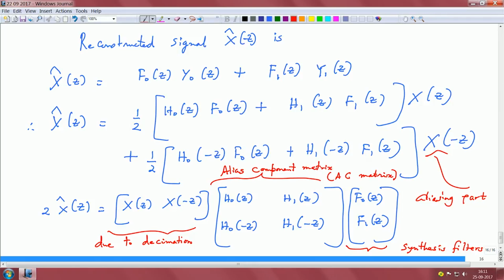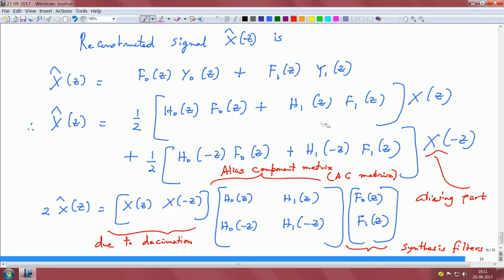Now, with this in place, I think it is pretty easy for us to see what we need to do to eliminate aliasing distortion, right, to remove aliasing errors. So, what we have to do is, x of minus z is given to us, we can't change this. So, the best that we could do is force this term here to 0.